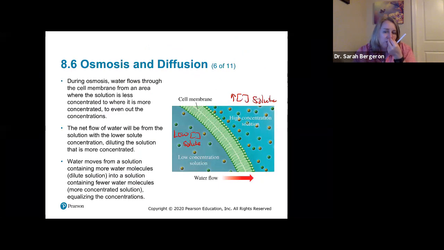So where's the water going to flow? Well, the water is going to flow this way in order to dilute here so that you now would have equal concentration. So the diluting of the solution is now going to equal the solute concentration on either side, right?